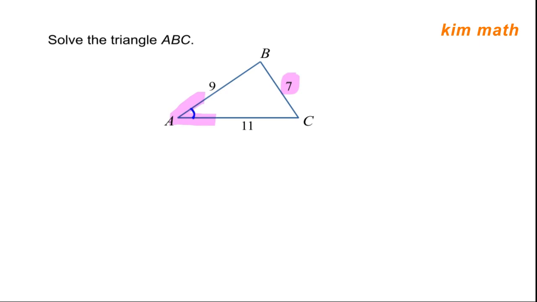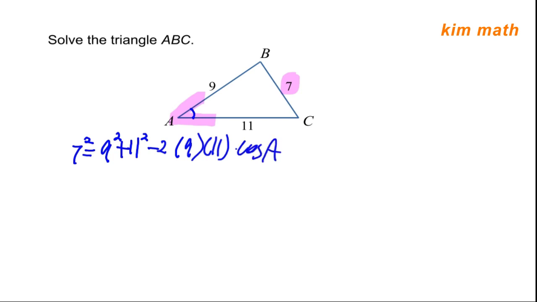So let me copy one more time. 7 squared equals 9 squared plus 11 squared minus twice 9, 11, and cosine A, right?